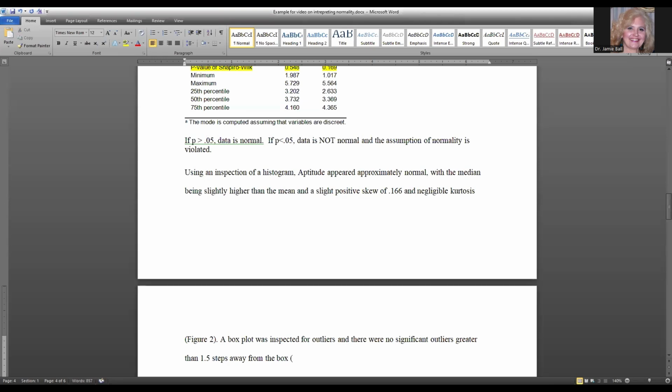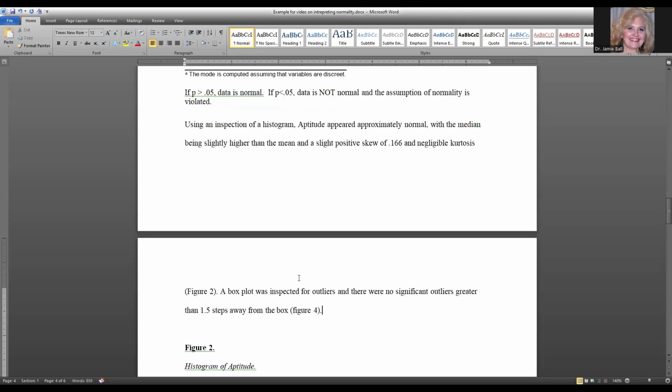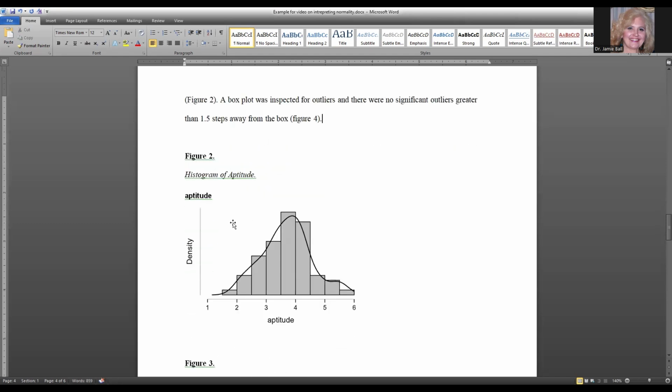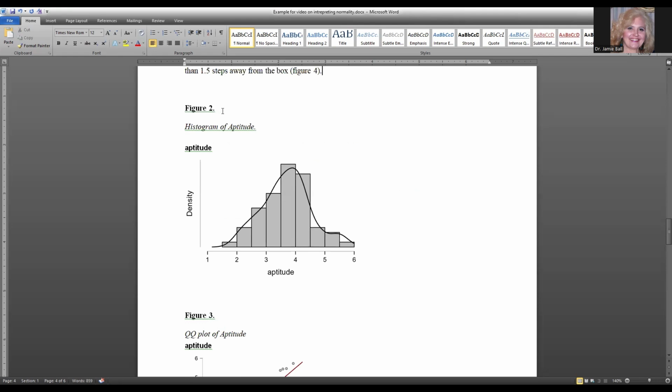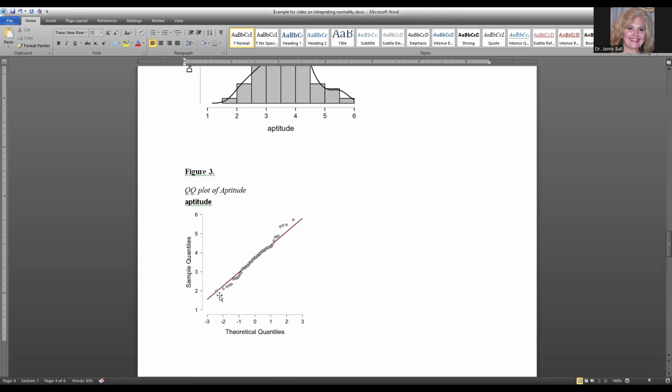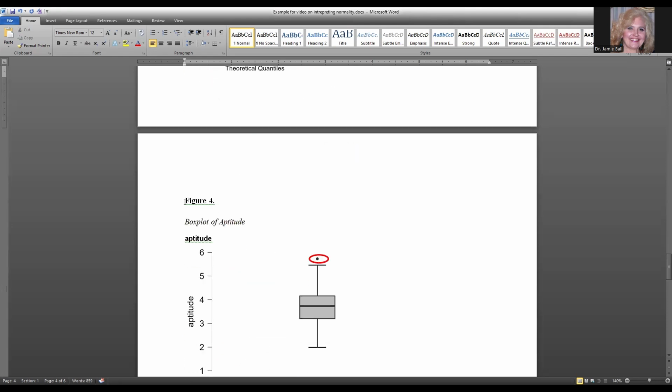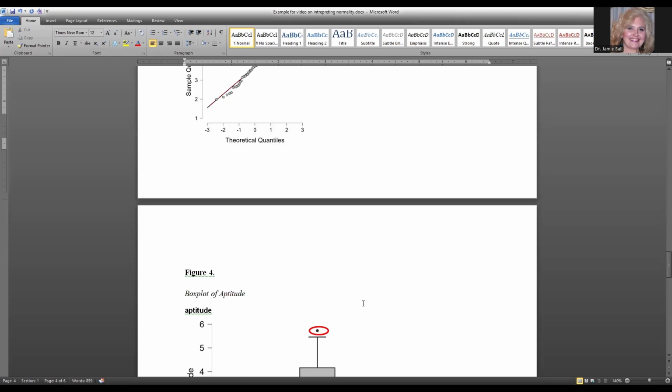And then remember, I always want to refer to my figure for APA. So let's look at that APA figure 2. Notice that's bolded and the name of the figure is italicized. Figure 3, here's figure 4. And I called it box plot of aptitude.